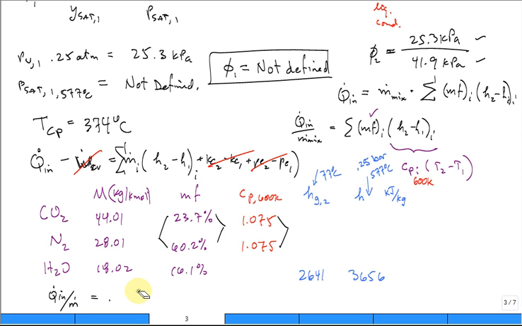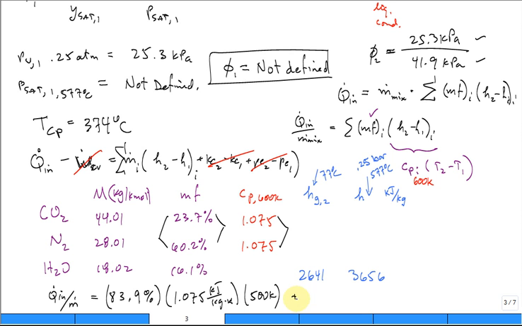So if you just add that up, that's 0.93. So it's 83.9% times the specific heat, 1.075 kilojoules per kilogram Kelvin, times a 500 Kelvin temperature change. True? That accounts for the CO2 and the nitrogen.